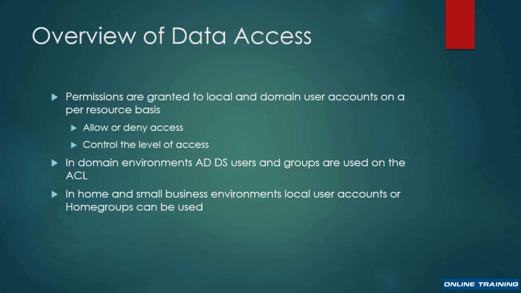Now, in domain environments, you've got Active Directory Domain Services, users, and groups that are used on the access control list. In home and small business environments, we're talking about local user accounts or home groups. It's really all about where the account is actually stored.